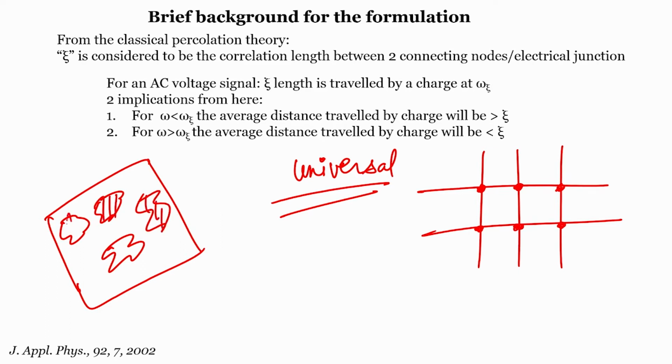The shaded regions are conducting islands, and the blank regions are non-conducting, or let's say it's polymer or some other material. If you don't like polymer, you can add some other material. These are conducting islands.